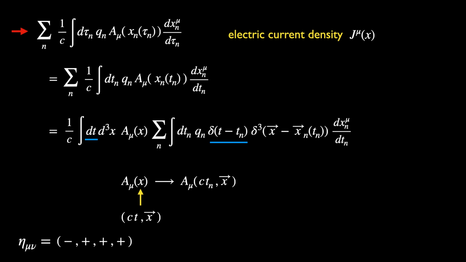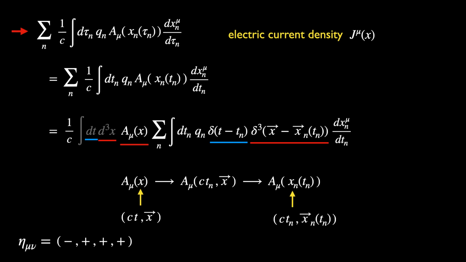While performing this spatial integral, the spatial delta function will replace the new spatial variables with the actual positions of the particles at time t_n along each trajectory. Thus performing the spacetime integral over the new variables t, x will restore the new expression to the previous line.